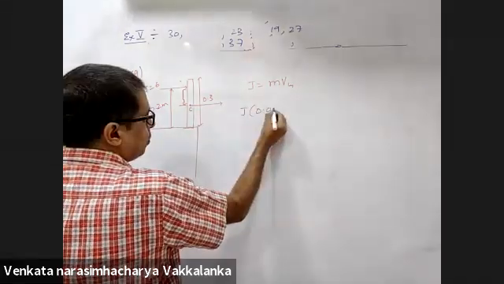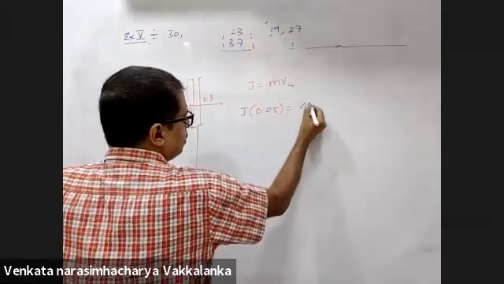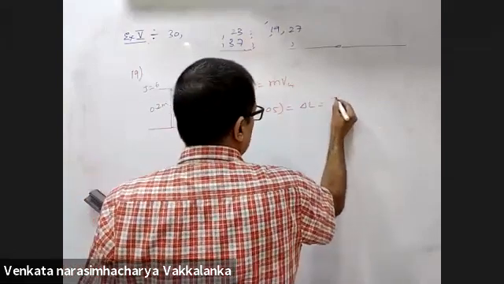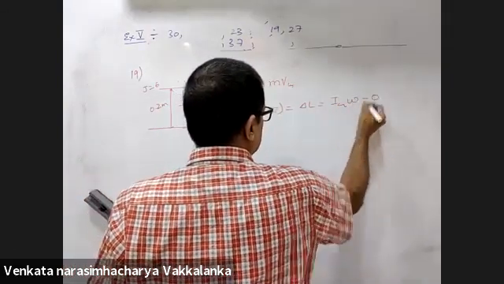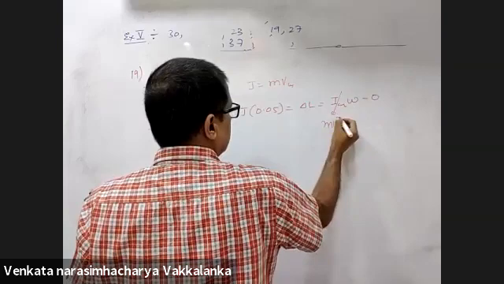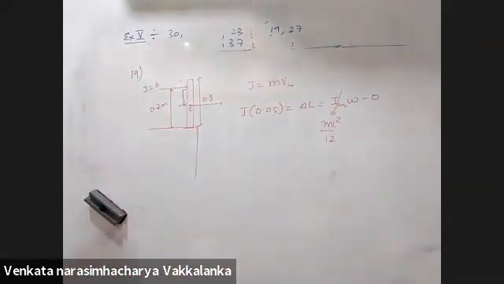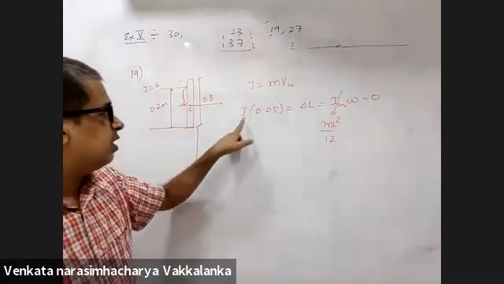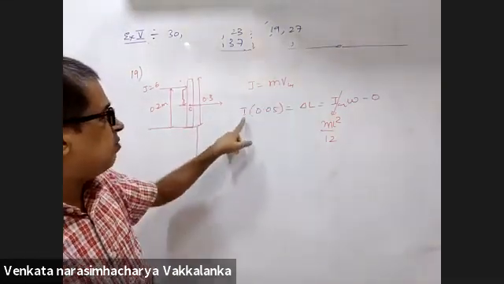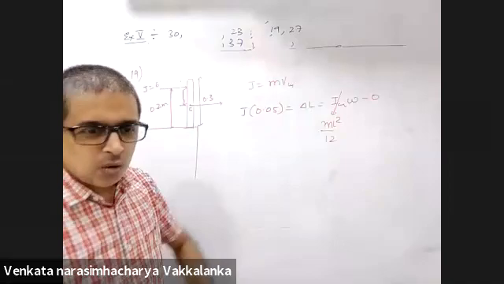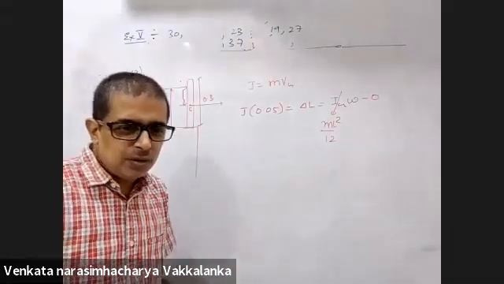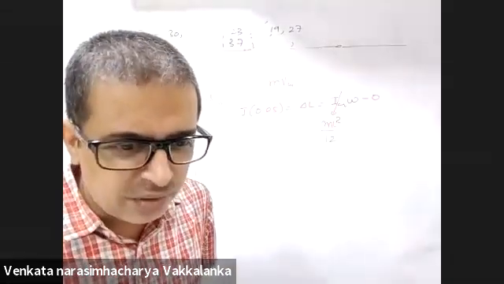J into 0.05 is equal to delta L is equal to ICM omega. ICM is ML square by 12. This J I can substitute here. J value is given. So I get VCM in the first place and I get omega now. Once I get omega and VCM, you can calculate anything that they ask after 1 second.